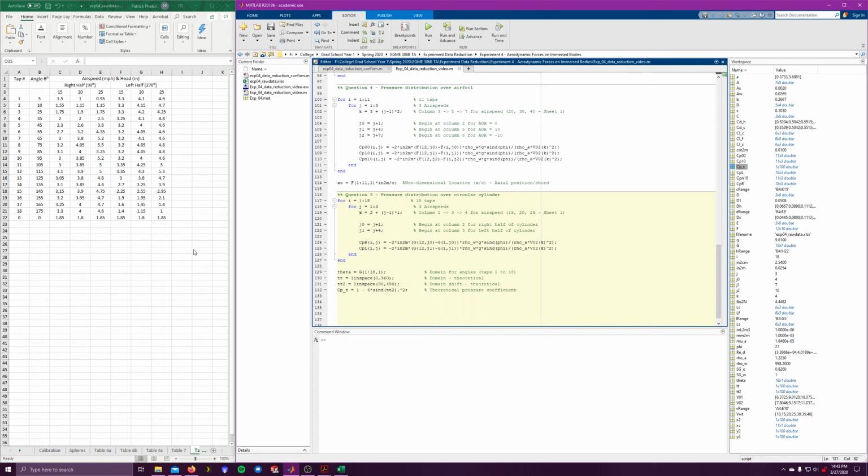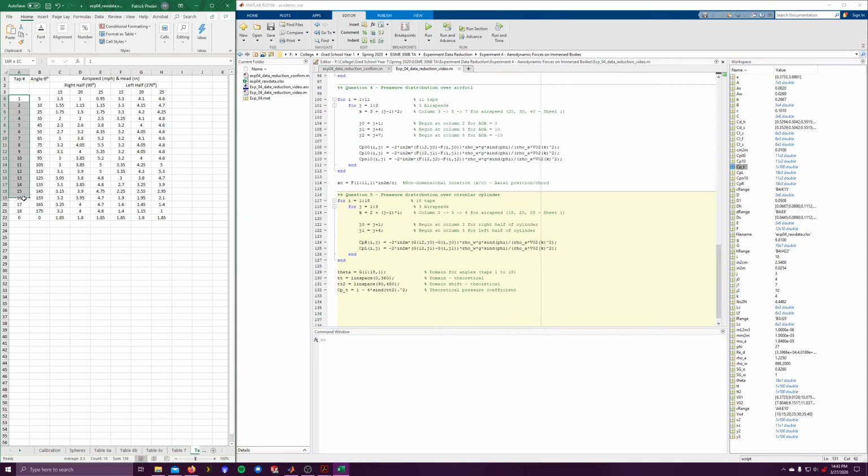So we have, for i equals 1 to 18, 18 taps right there. And then for j equals 1 to 3, because we have 3 airspeeds, 15, 20, and 25. Then k equals 2 plus (j minus 1) times 1. This is similar to what we did in question 4.